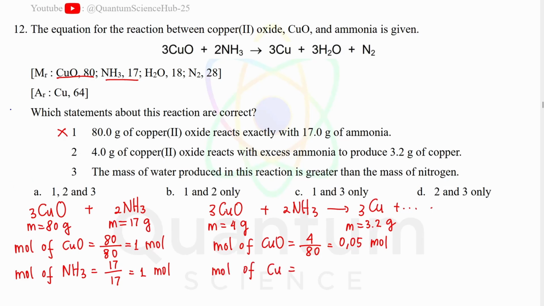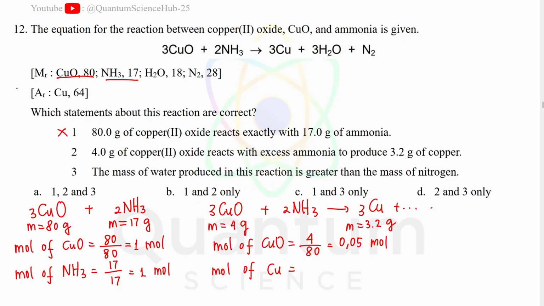Now before we continue, we have to know which one is the limiting reactant. So from the statement here, with excess ammonia. So that means ammonia is in excess, or we can say ammonia is the leftover. So the substance that is used up first is copper oxide, or I can say copper oxide is the limiting reactant.